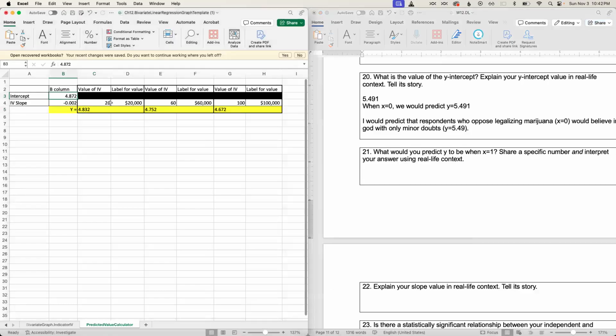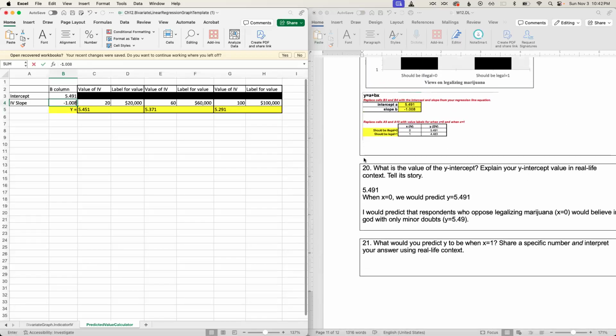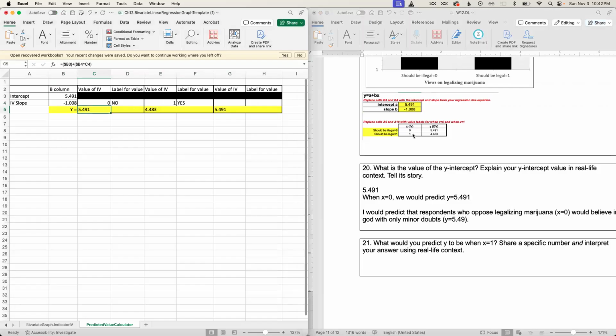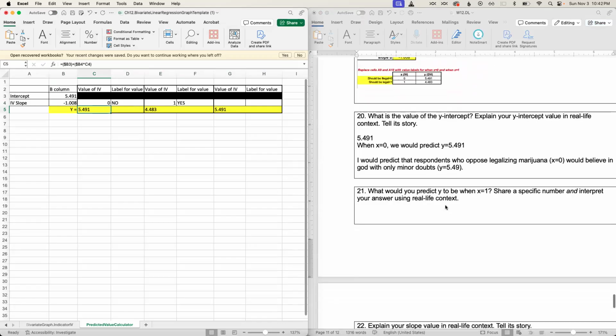And I could put in 5.491 and my slope of negative 1.008. And I'm making a prediction for 0, which is do not make legal, and 1, which is do make legal. And we can see that we have this for 0, and then for 1, it's 4.483. We can see that's actually the same number here. So this made the prediction.